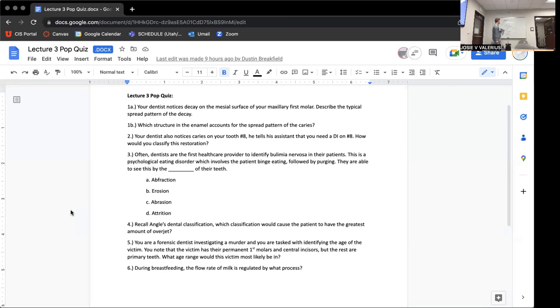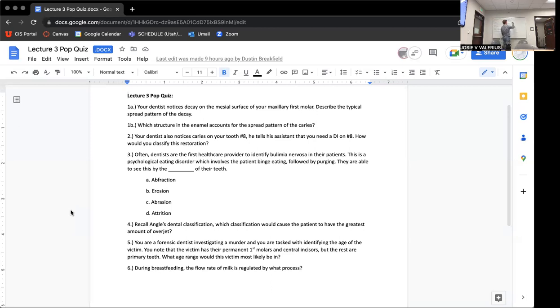Cool. So it lists 3 reasons in the book for why primary teeth are important. The first one is that it's needed for proper jaw growth. I think we talked about in lecture 1, when you don't have any teeth on your jaw, it starts to deteriorate the bone.